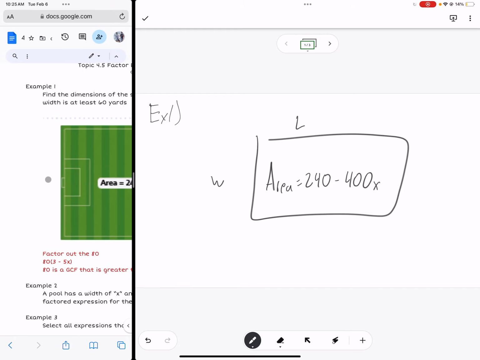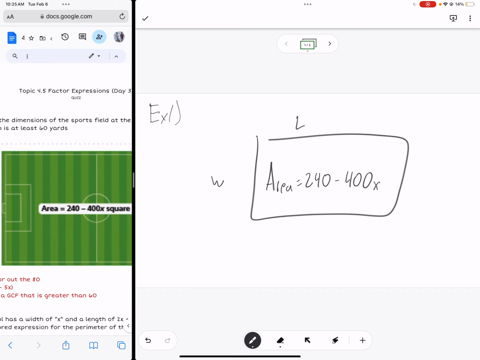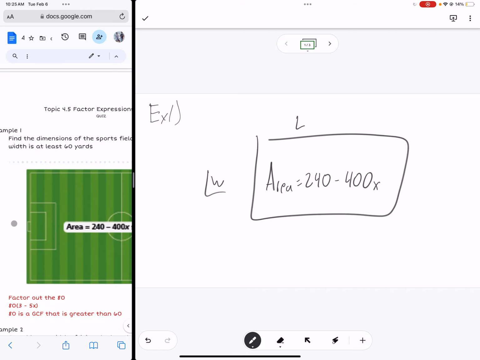We want to find a width, and it says the width has to be at least 60 yards. So if I write it this way, the width has to be greater than or equal to 60 yards. And that's according to our problem, right? It says at least 60 yards.